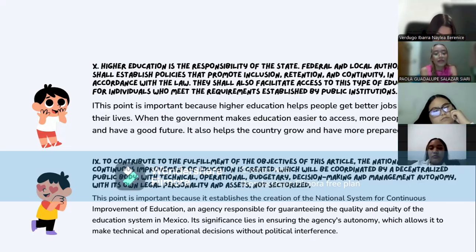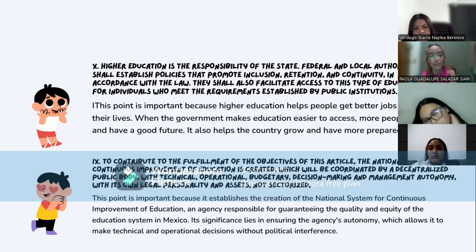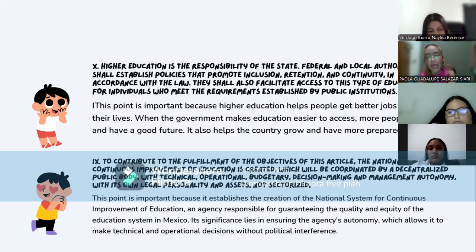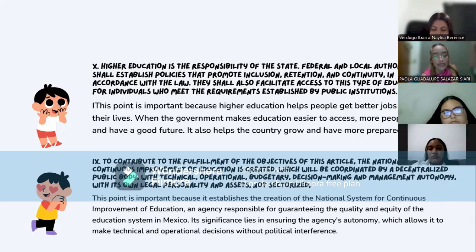Point number 9: to contribute to the fulfillment of the objectives of this article, the national system for continuous improvement of education is created, which will be coordinated by a decentralized public body with technical, operational, decision-making and management autonomy, with its own legal personality and assets.